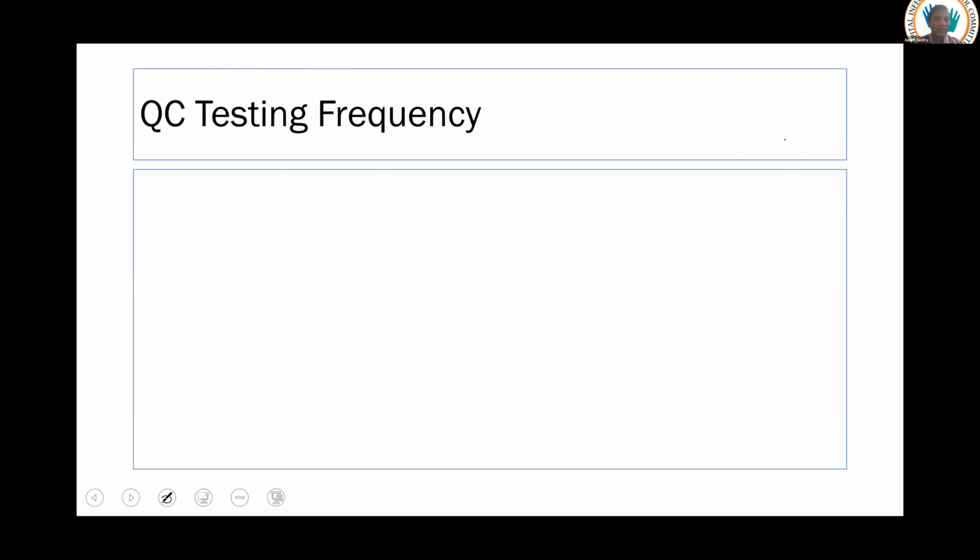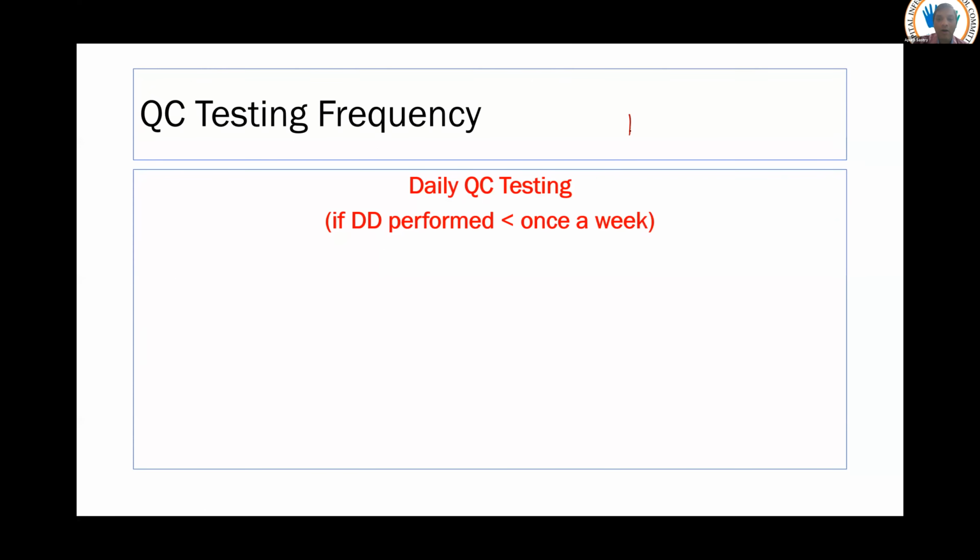So the QC testing frequency is of two types: daily QC testing or weekly QC testing. Daily QC testing is done for those small laboratories where the sample load is very low. If the disk diffusion is performed less than once a week, then the QC is performed on the test day.